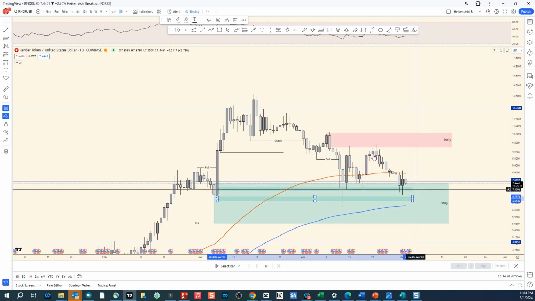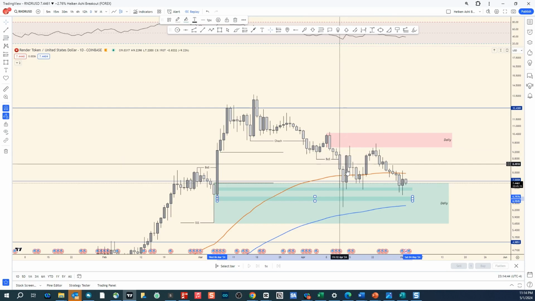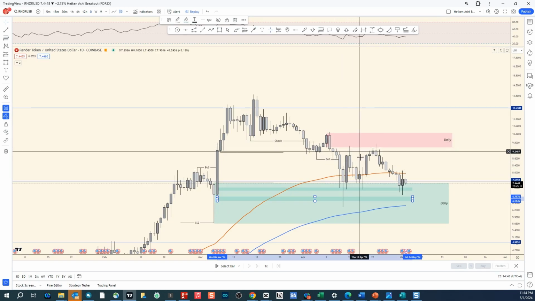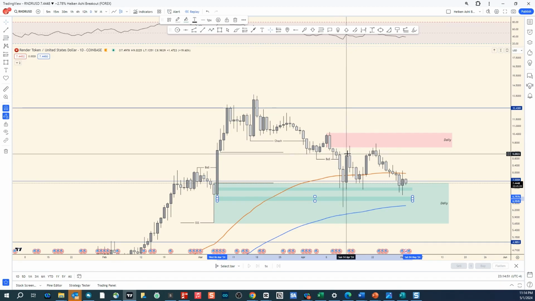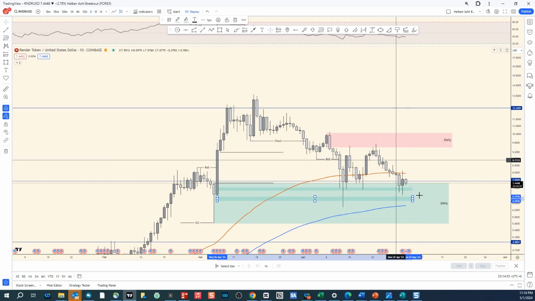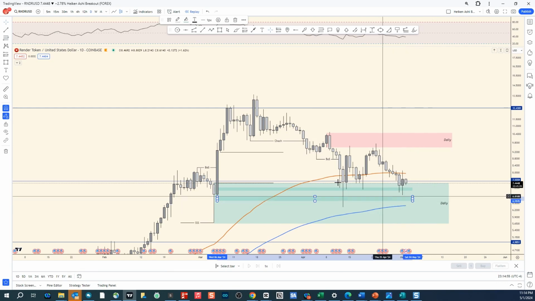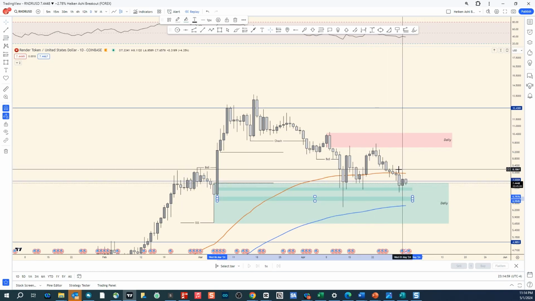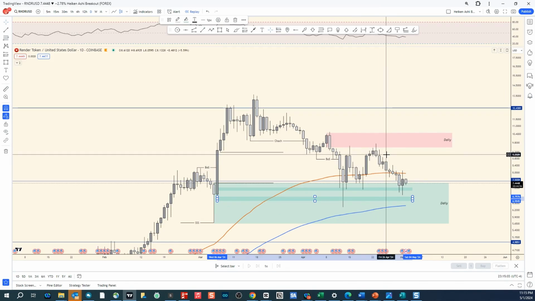After this bullish move up and essentially my TP was hit, I'd be done. I'd be done with this zone. I'd be done with this trade. I would be done with render token until something happened with price. So this whole zone would be done with me.